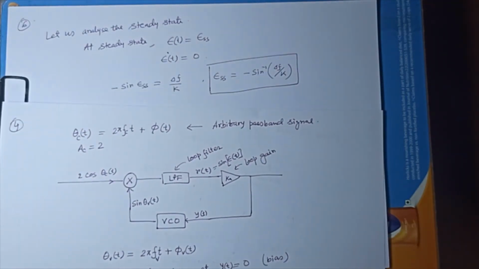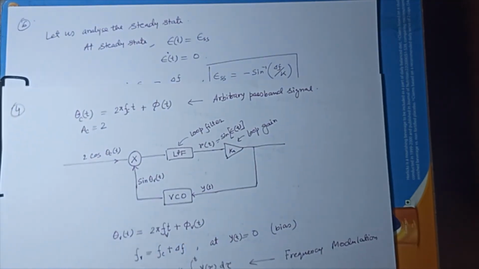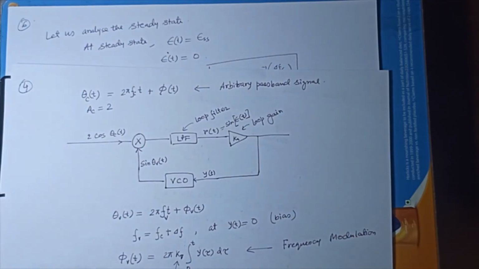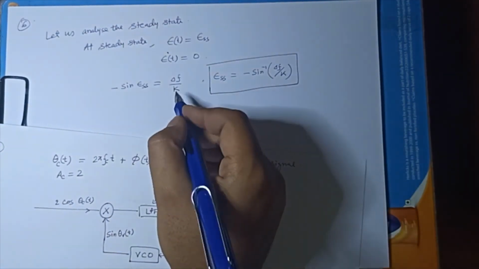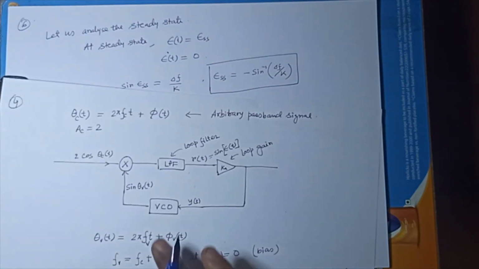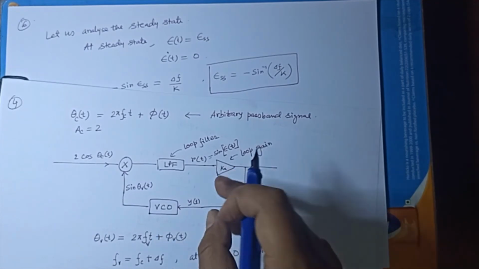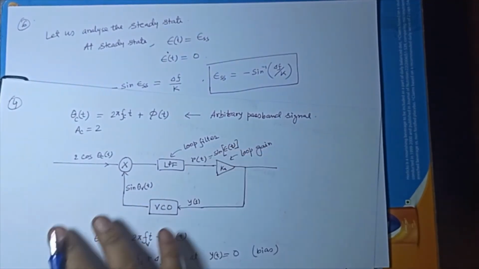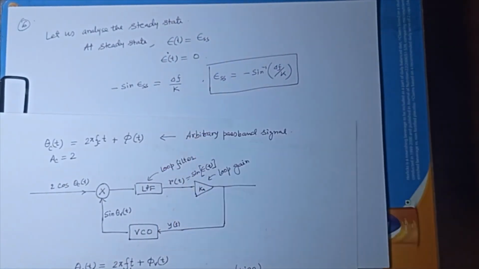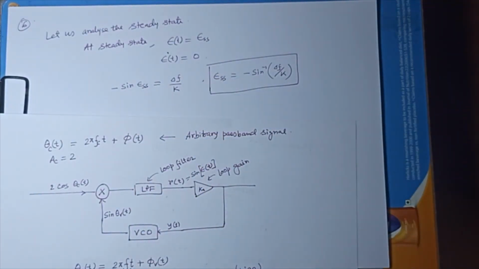Now delta f is a characteristic of the VCO, how the VCO frequency can fluctuate. So what you can control, you can definitely control K, because K is equal to Ka into Kv. Kv is the internal frequency deviation and K is the loop gain. So you can increase Ka to make delta f by K very small, such that this epsilon ss becomes very small or close to 0.